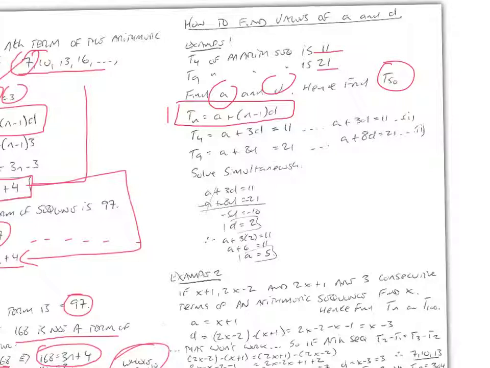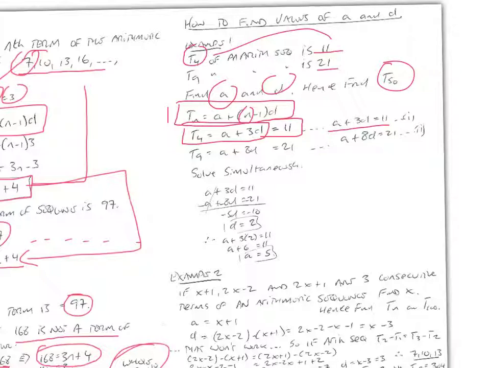So what's T4? T4 means we plug in 4 for n, and we generate the fact that T4 is equal to a plus 3d, but we also know that T4 is equal to 11, so we equate it to 11 and generate this equation: a plus 3d equals 11, first equation.